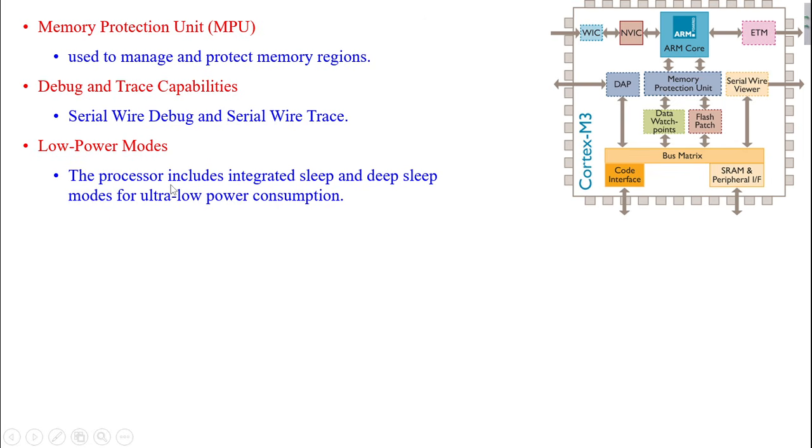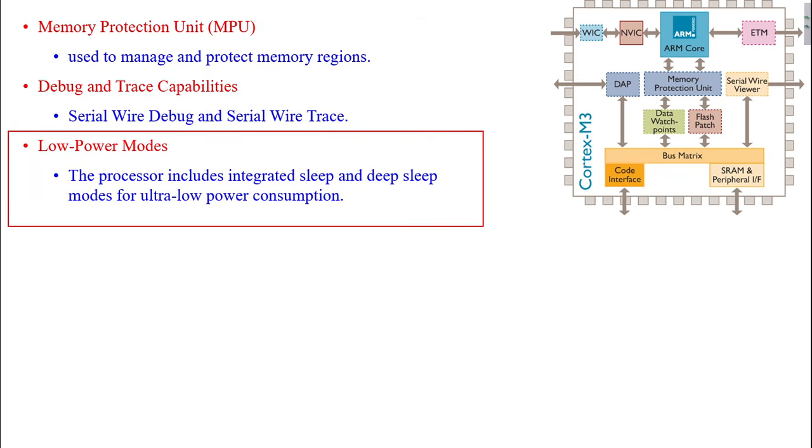And then, I already told you this processor is used for low power operation. Low power means, one thing, the operating voltage from 1.8 to 3.3 volts, and second important thing, the ARM Cortex M3 processor supports sleep mode and deep sleep mode.